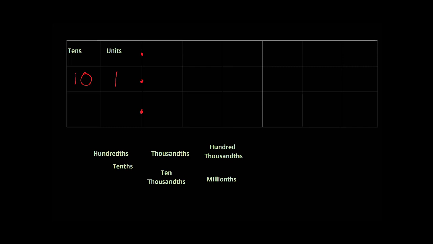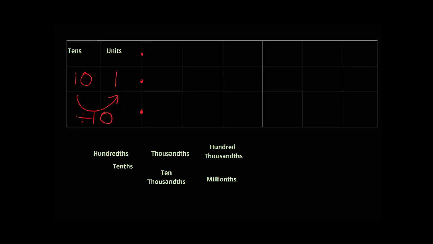Remember, we've just discovered that each time we move to the left, we're multiplying by 10. So if we go the other direction, to the right hand side, then it's logical to understand that this time we're dividing by 10.